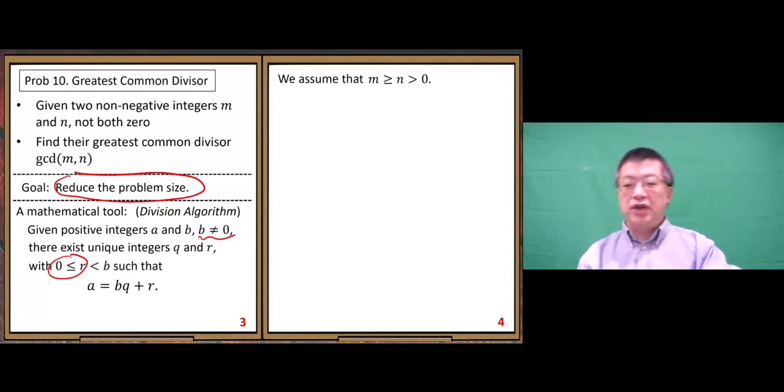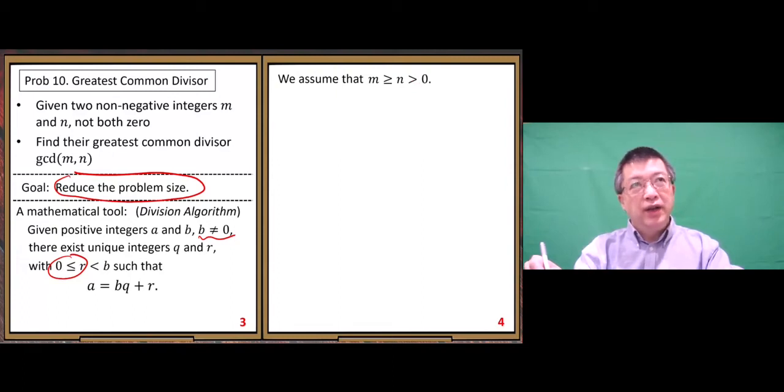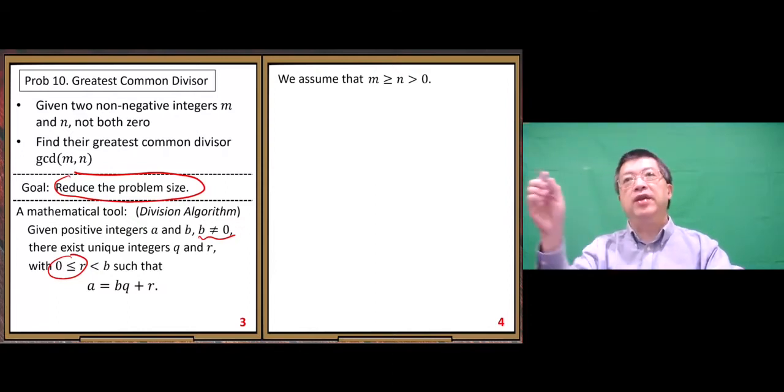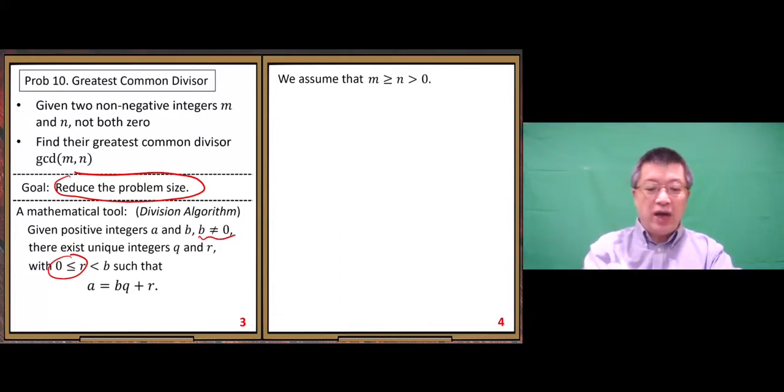That's the division algorithm. For our case, we use m and n. In order to make the discussion a little easier, we just assume m greater than or equal to n greater than 0. Here you can see both numbers are not equal to 0, so that's why we use the positive version.